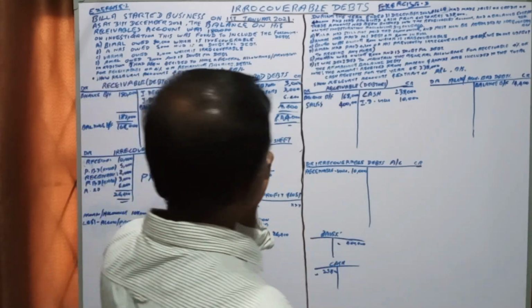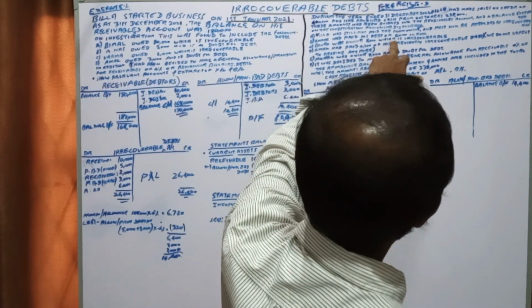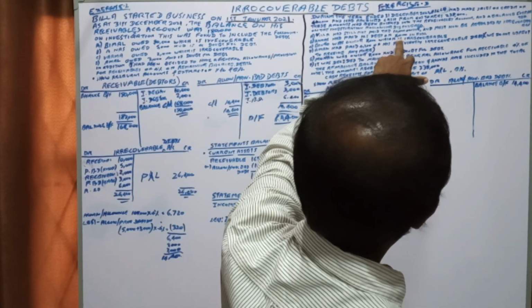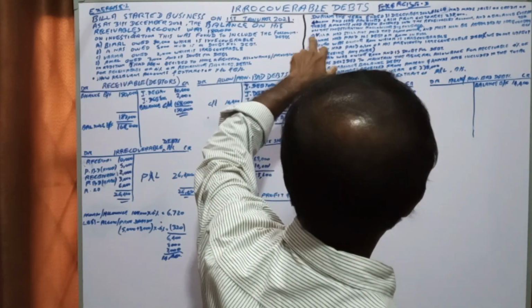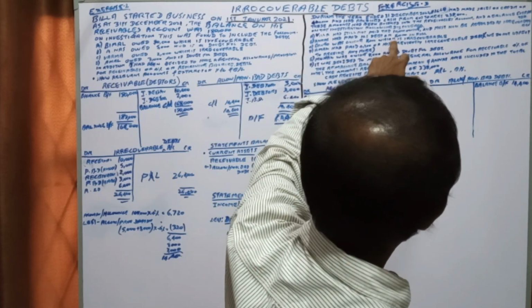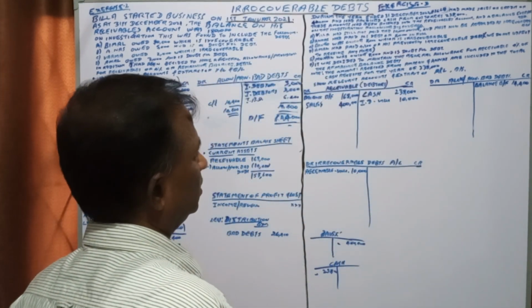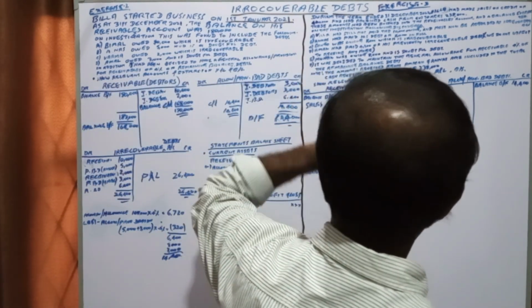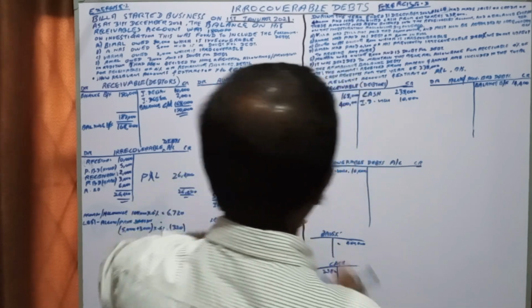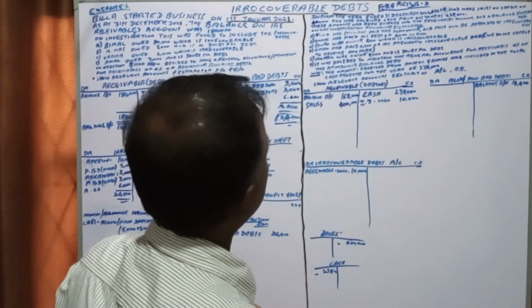And the second one, Anas had paid his debt owing of 5,000 in full. Here a note has been given. Shall we read the note also?